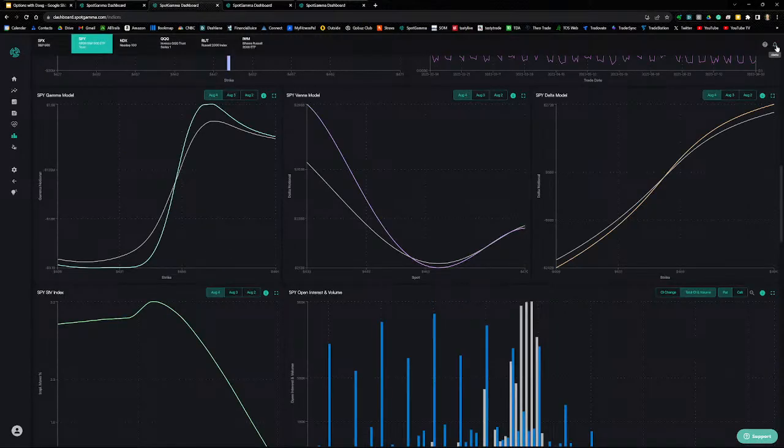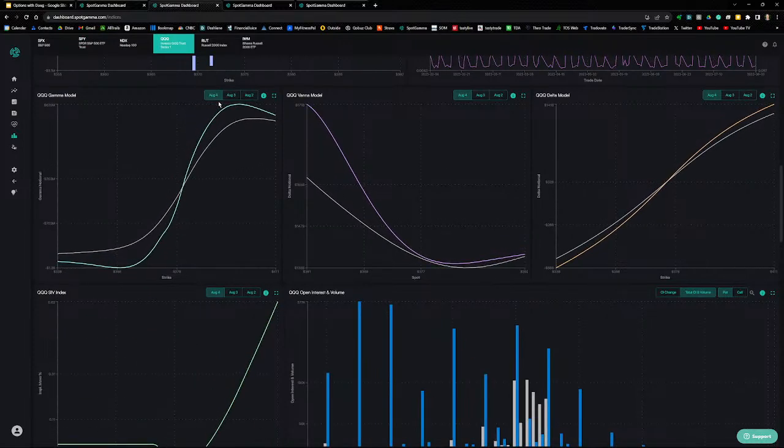All right, so that gives us an idea of how market makers were positioned at the beginning of the day, and then how they might react to changes in price and implied volatility during the day. And let's just take a quick look at QQQ. Also gamma negative. And this curve with the large skew to the left is typical of a negative gamma environment.